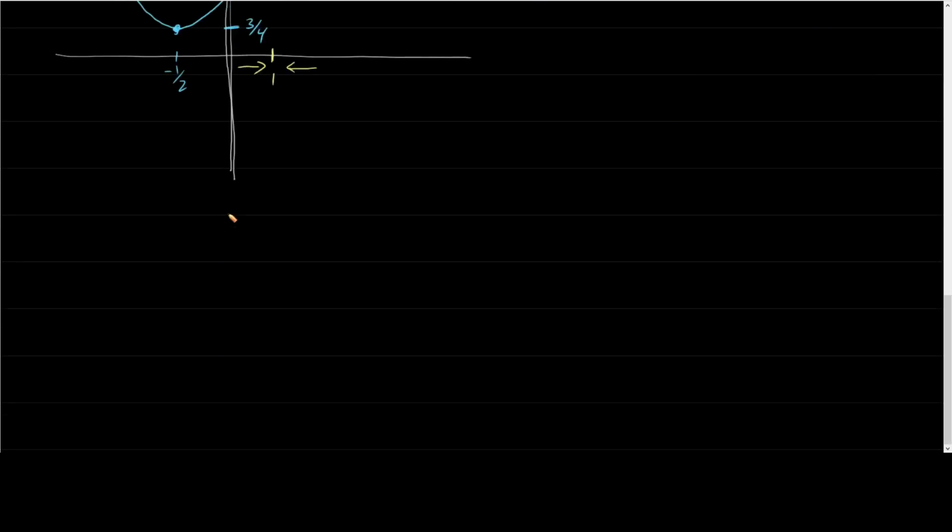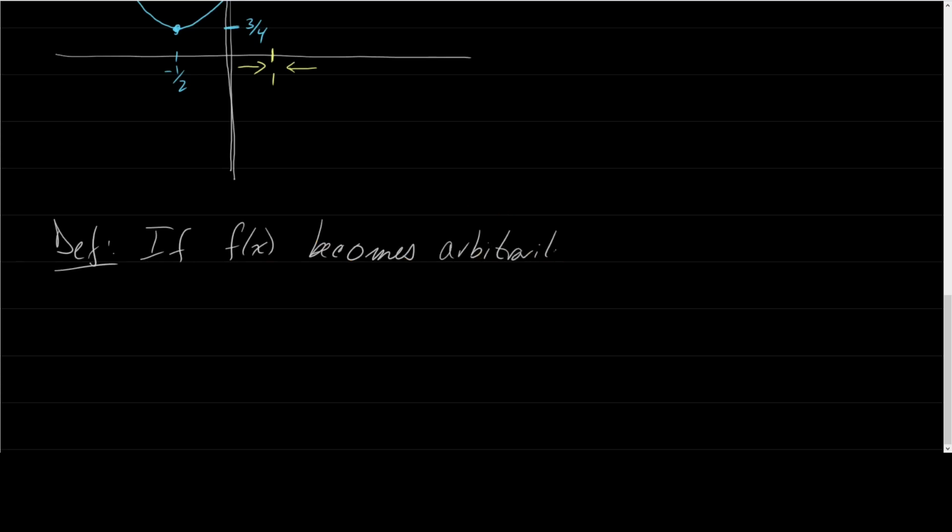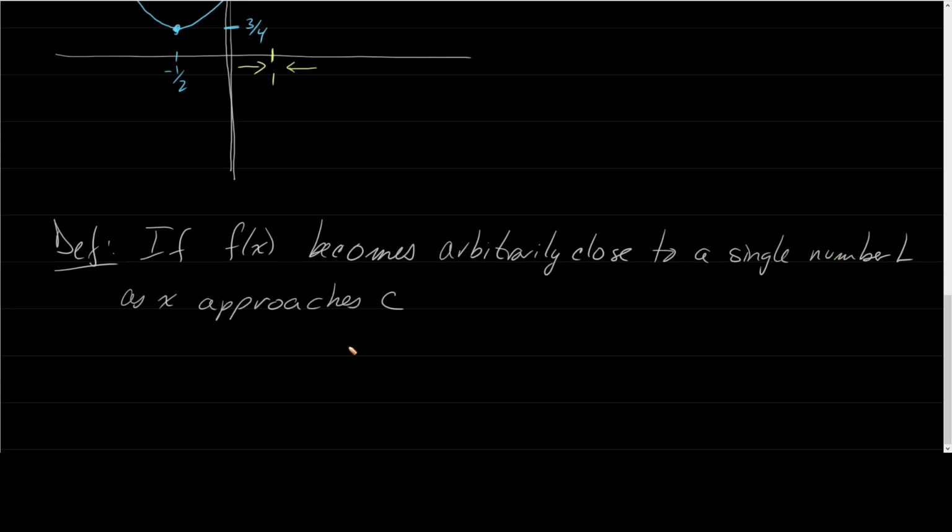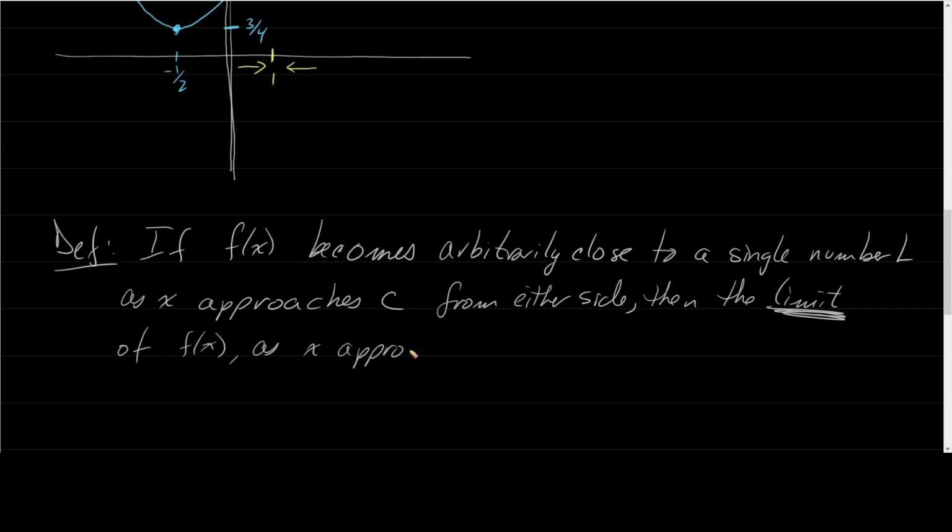So let's give a formal definition of a limit here. Definition: if f of x becomes arbitrarily close to a single number L as x approaches C from either side, then the limit of f of x as x approaches C is L. All right.